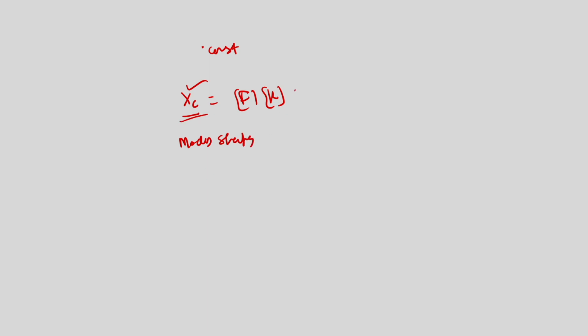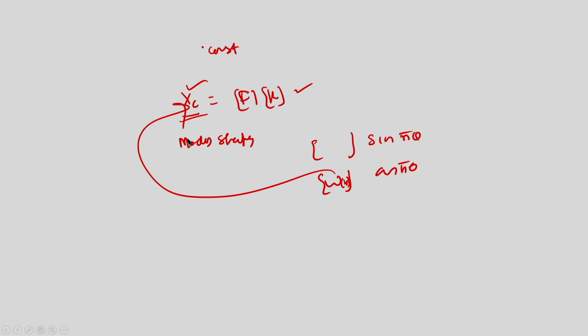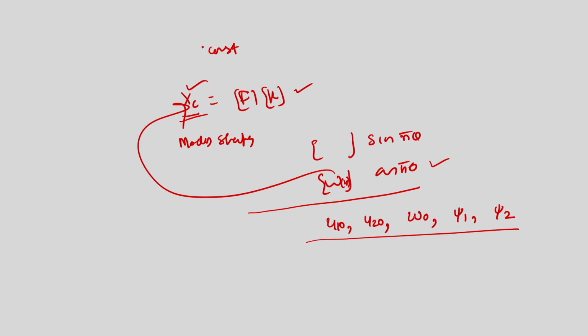You multiply with sin n bar theta or cos n bar theta, if it is w, which is a function of x. In this way we have found it, and now depending on the actual values of u1 0, u2 0, w naught, psi 1 and psi 2, we check the maximum value of these.